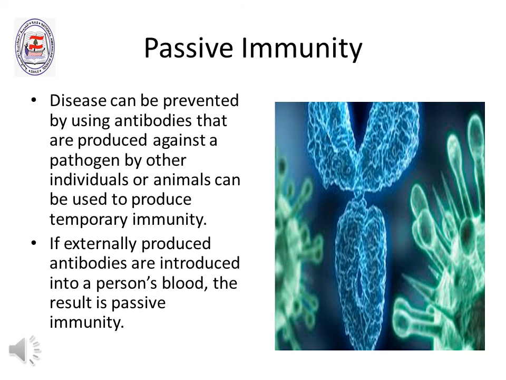Let's move on to passive immunity. Diseases can be prevented by using antibodies that are produced against a pathogen by other individuals or by animals, which can be used to produce temporary immunity. If externally produced antibodies are collected and introduced into a person's blood, the result is passive immunity.